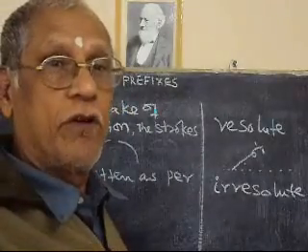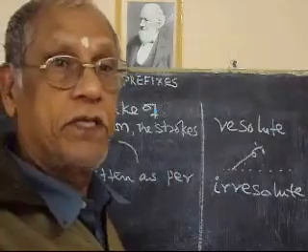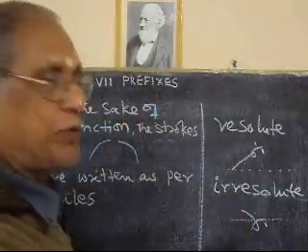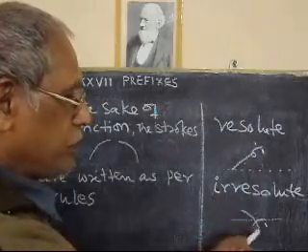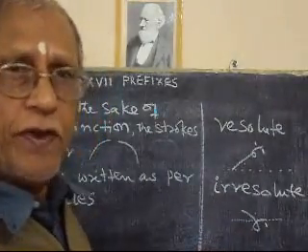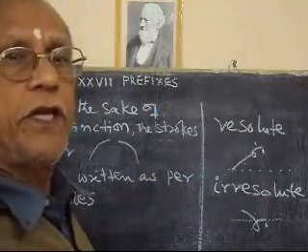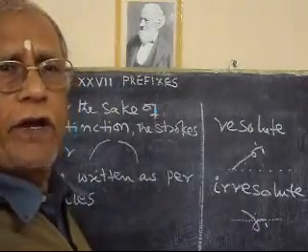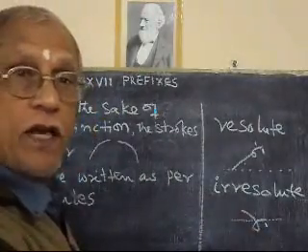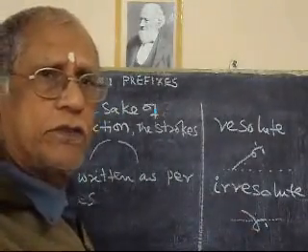Initial R is written downward if a vowel precedes. See? Irresolute. So by using downward R, there is no specific rule here. According to the standing rule, we are writing irresolute. So the negative word is also written as per rules.